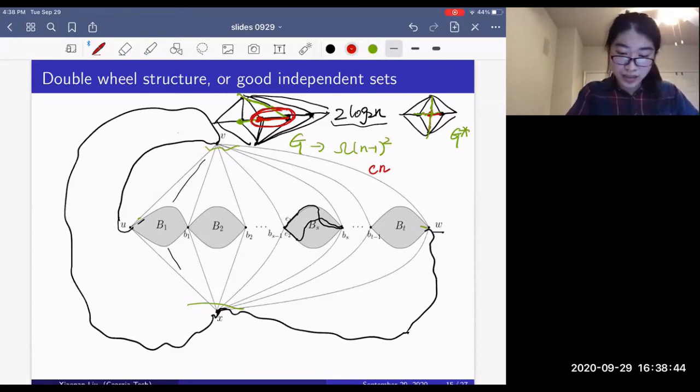So here we delete these two vertices and we get this one.